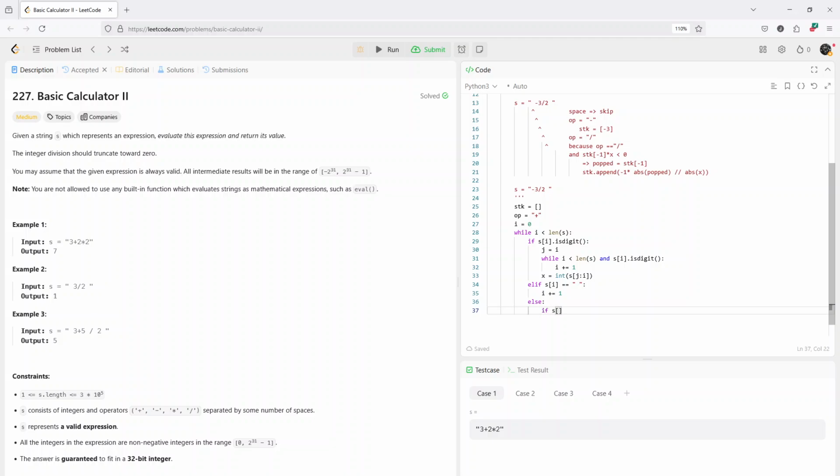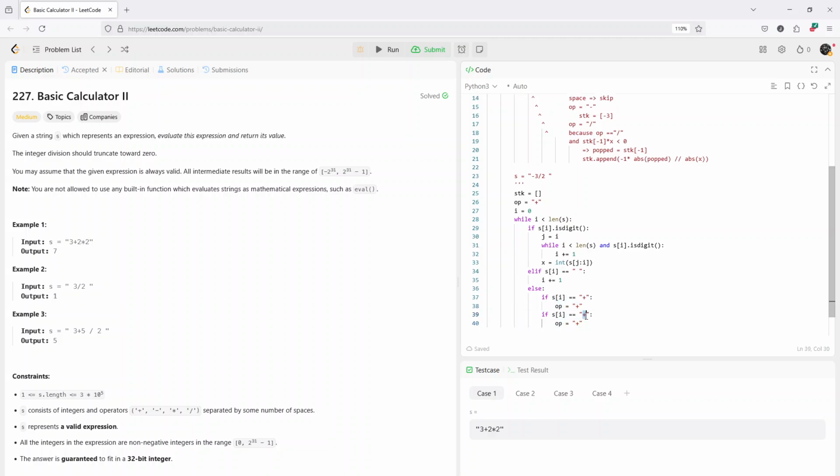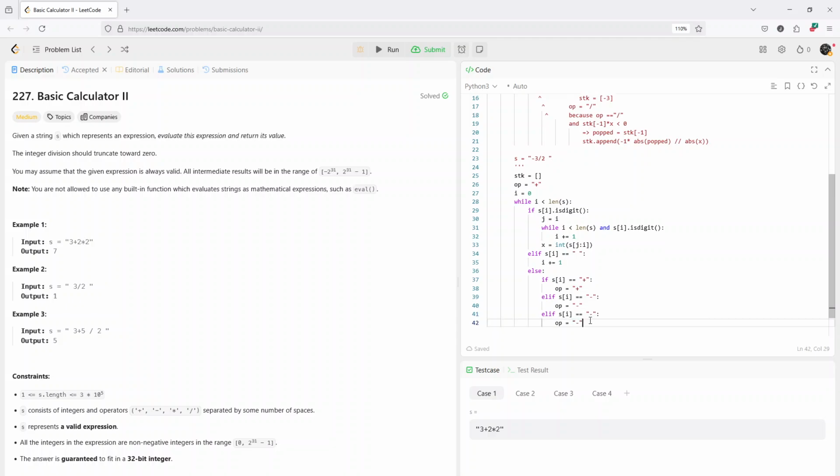So if s of i equals plus, then op equals plus, and now here we just do minus, then times, then division.